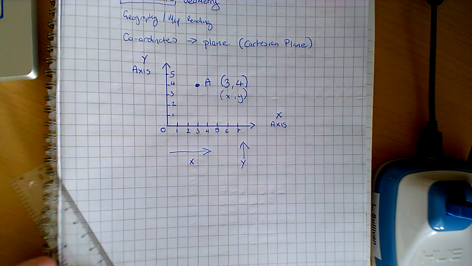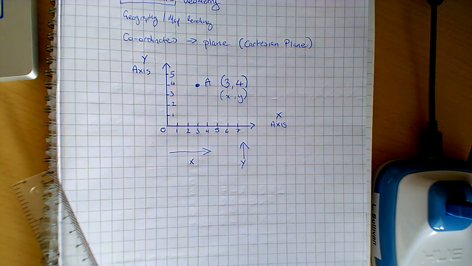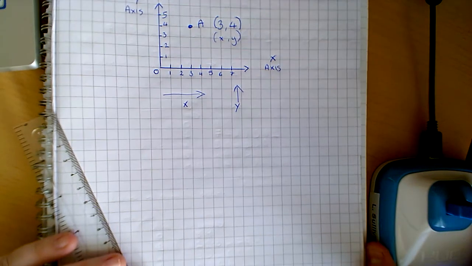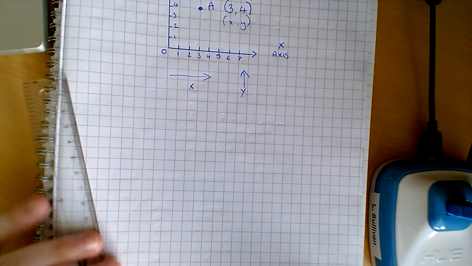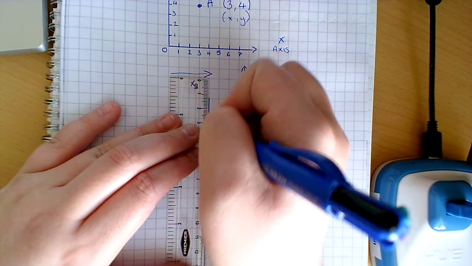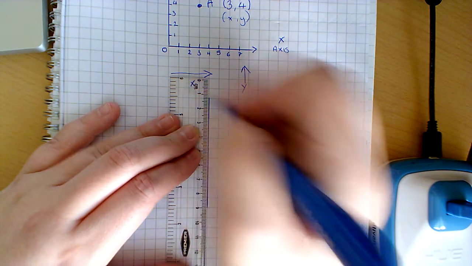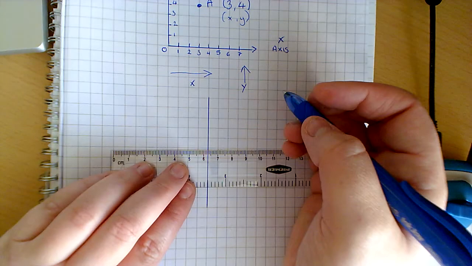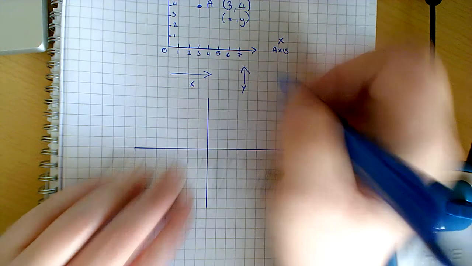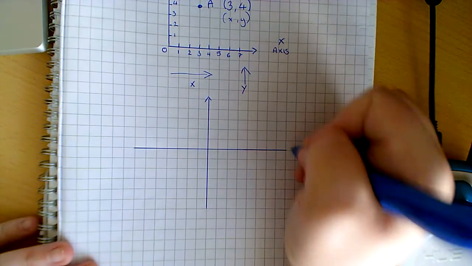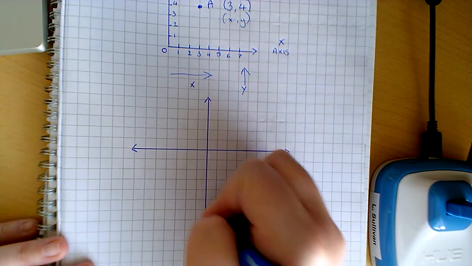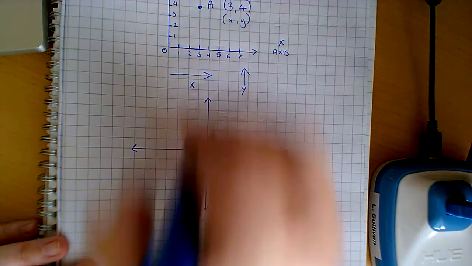Now, just like in the rest of maths, we don't just deal with positive numbers, we also deal with negative numbers. So I'm just going to draw my grid again. And these arrows mean that the numbers can continue along our axis.